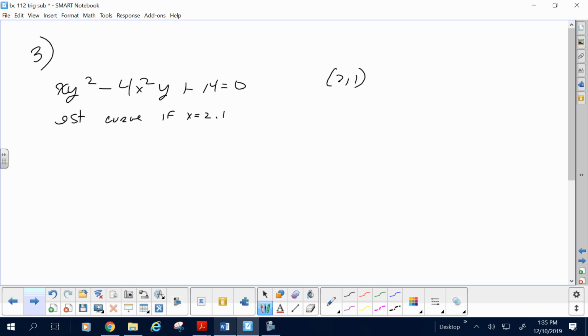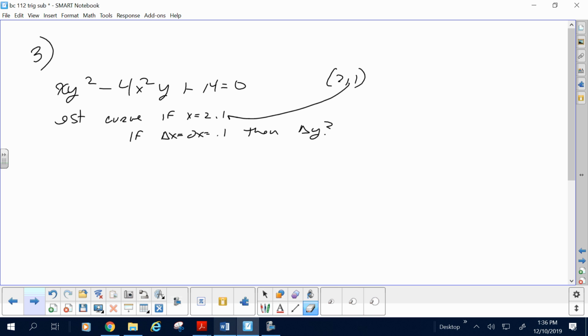Okay? So think of it like this. When I say the curve, think of it as the y. If delta x or dx is 0.1, then what does y change by from its starting point 1?